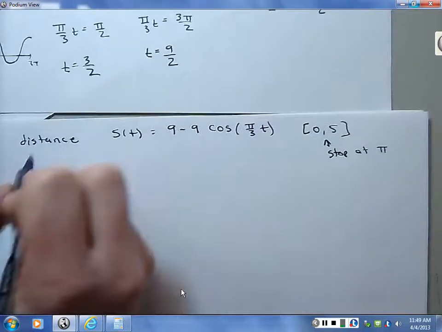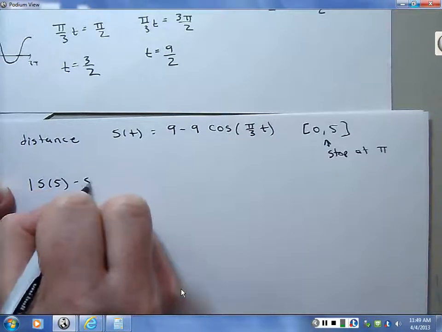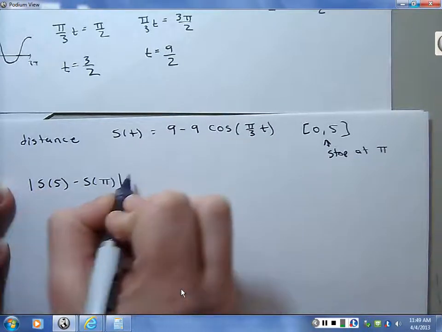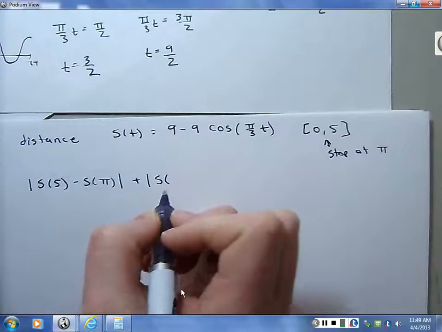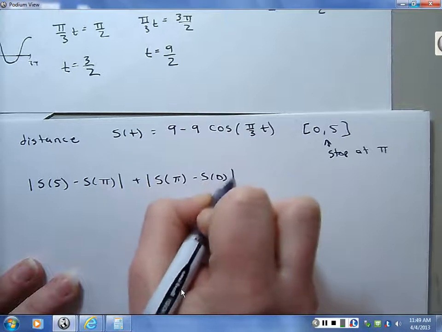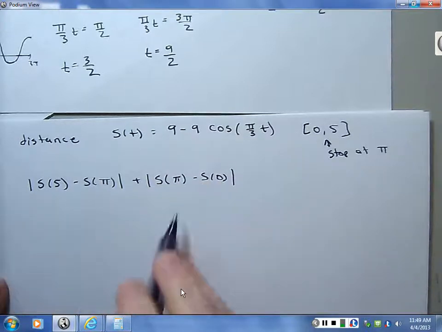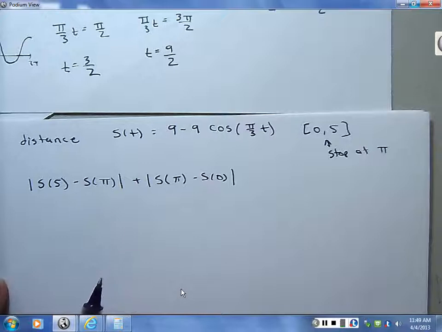So I need to find the position at 5 minus the position at pi plus the position, oh, it doesn't matter the order I do it, I guess. Pi minus the position at 0. So I switched them, right? This would be the first interval and this would be the second interval, but that's fine since I'm adding them. I thought it equals 0 at 3.